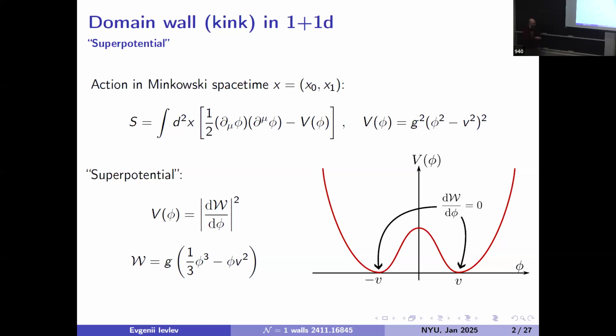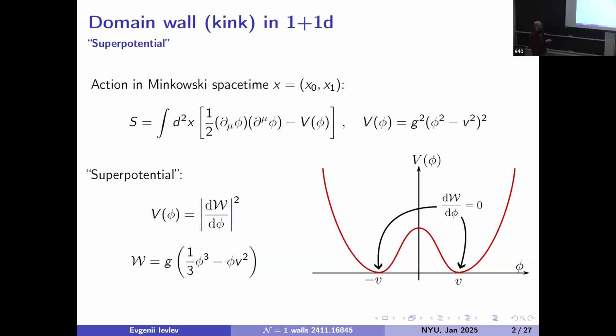It's pretty simple. We're just rewriting stuff in a different form. The first thing to note is that minima of the potential are actually given by extremal points of this W. W will be called the superpotential.